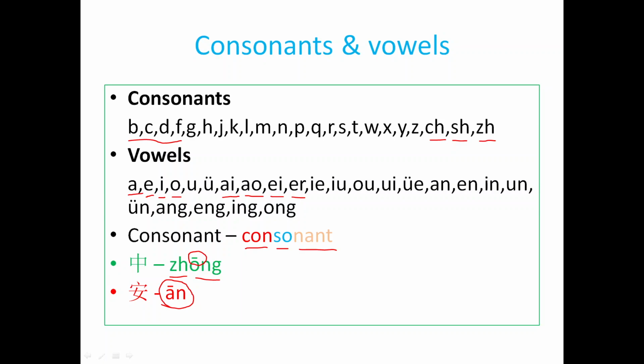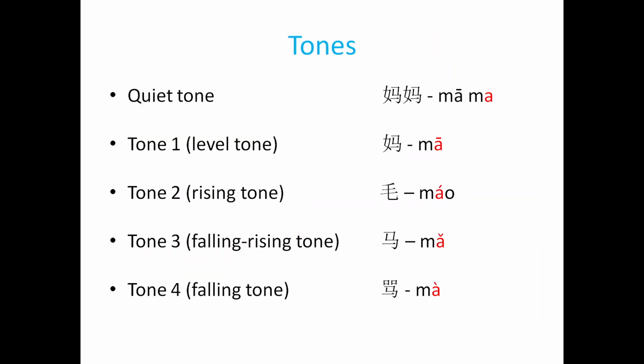And it's the most difficult part for non-native Chinese speakers. Every Chinese word has a tone. To correctly pronounce a word, you not only need to pronounce the pinyin letters, but also need to pronounce its tone. There are 5 tones.